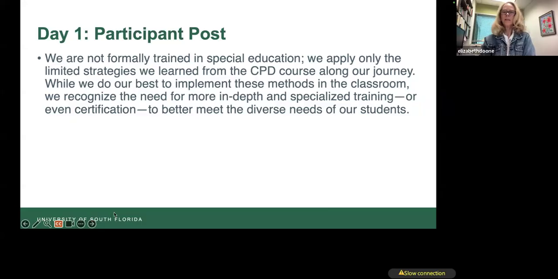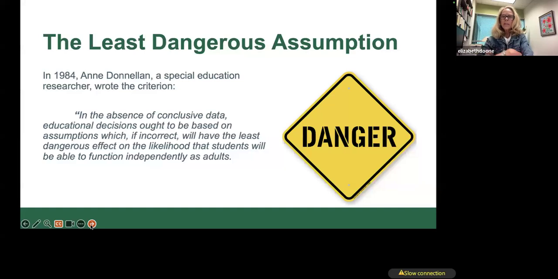We're going to learn a little bit today about things that we can do with students that we know a little bit about, and we can start figuring out how to meet their needs. This is the concept that I would like to include as the whole crux of what we're doing: the least dangerous assumption.